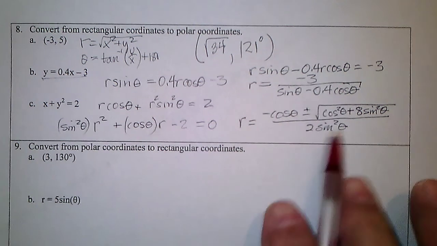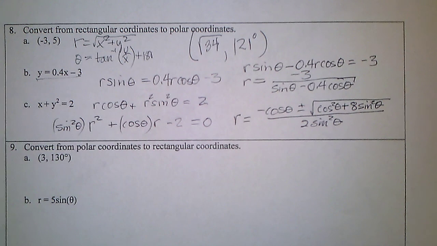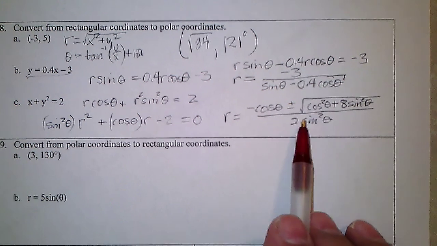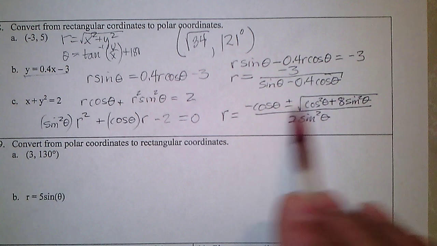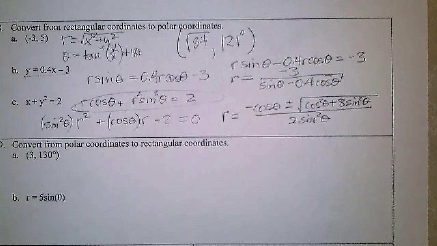So you'd have to type both of those equations in to actually graph this in polar. The negative cosine plus this over this, and negative cosine minus this over that. But you didn't have to. All you had to do is convert it to polar.